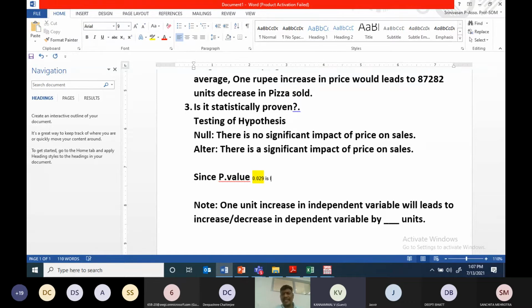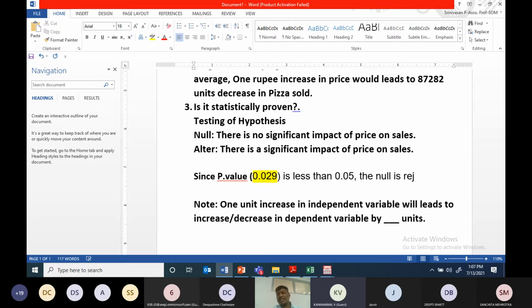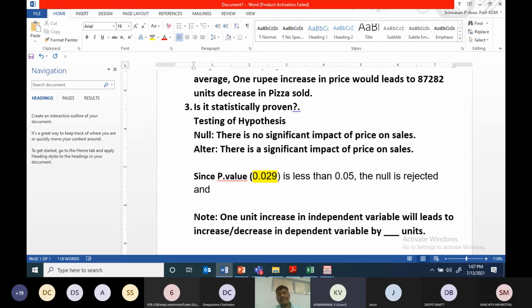Since p-value, you can put in the bracket, since p-value is less than 0.05, the null is rejected and the alternate is accepted.